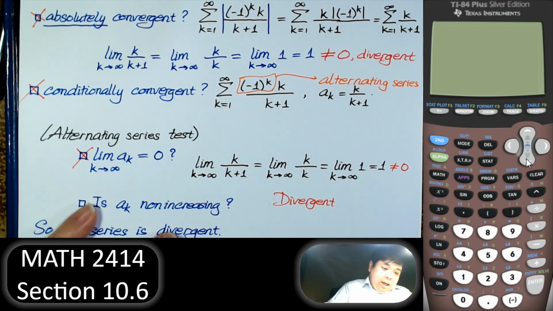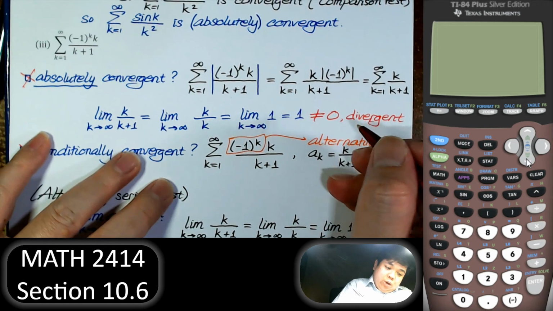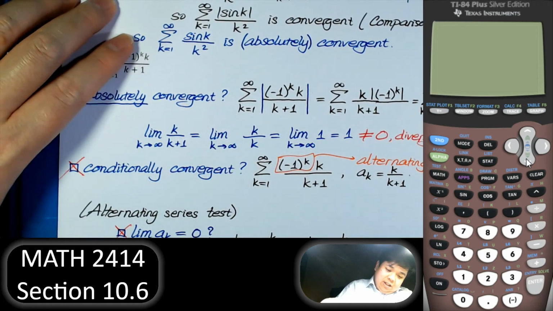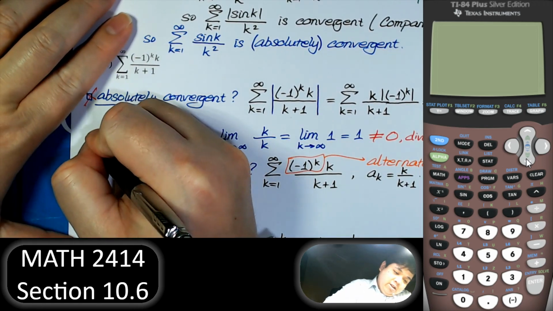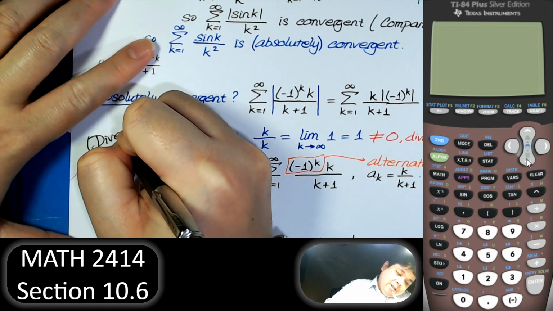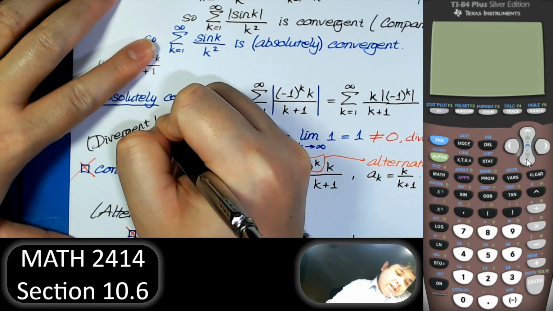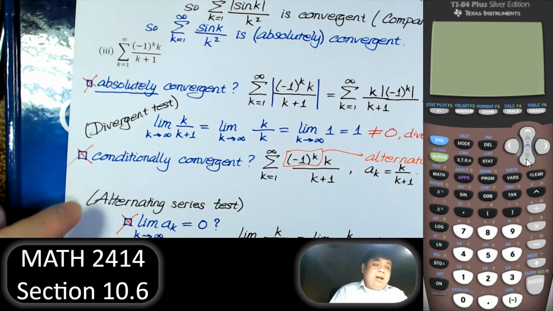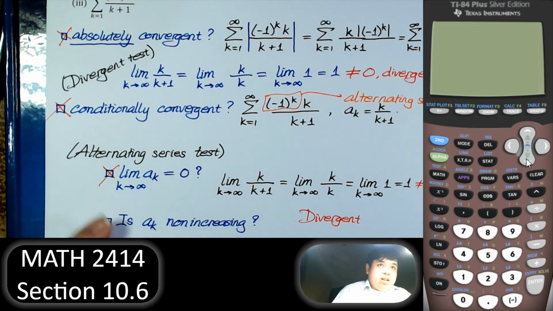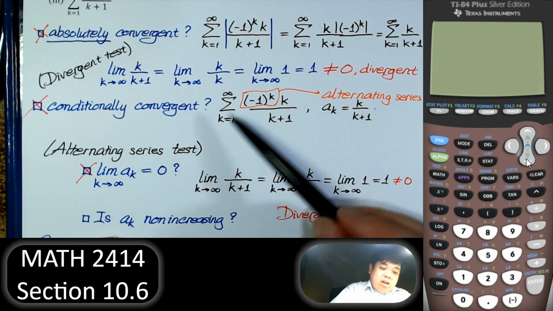So this one is divergent because we use the divergent test. This one is the divergent test. This is the alternating series test. Kind of testing the same thing though.